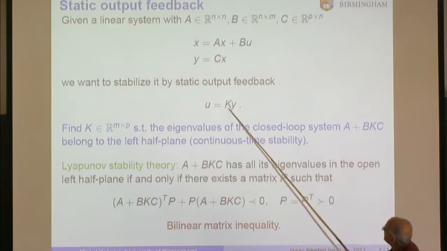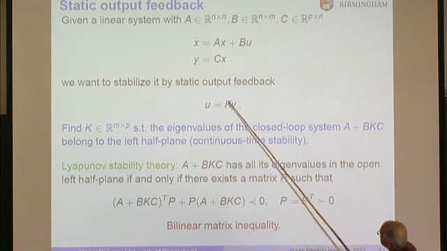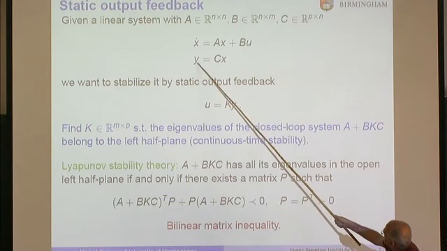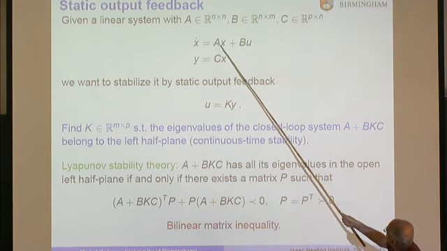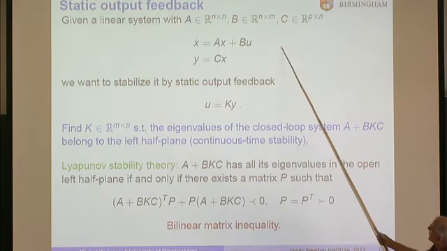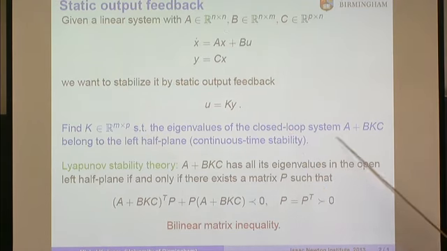So we want to find a matrix K such that, if we find K, then we can substitute here, and we will get BKY, and we can substitute for Y. So we will get AX plus BKCX, and the resulting system matrix should be stable in the standard sense. So all the eigenvalues should be in the left half plane.